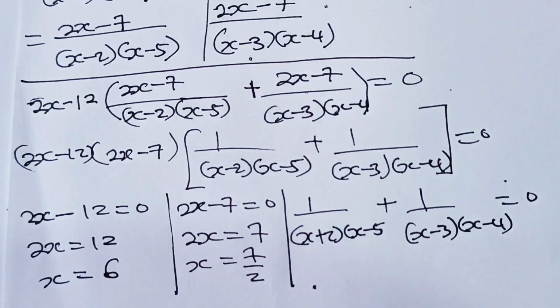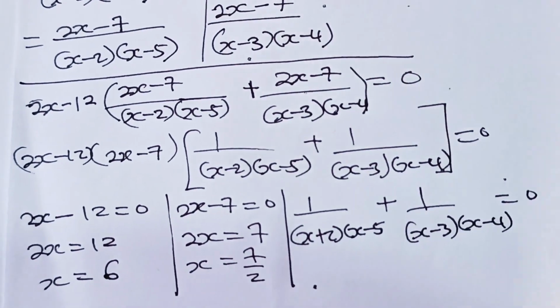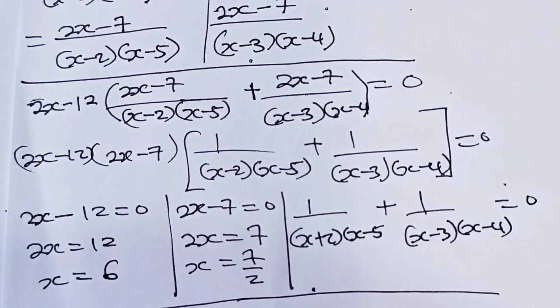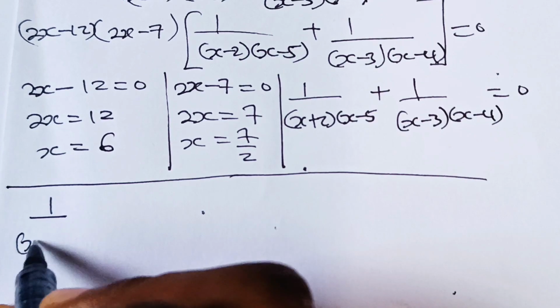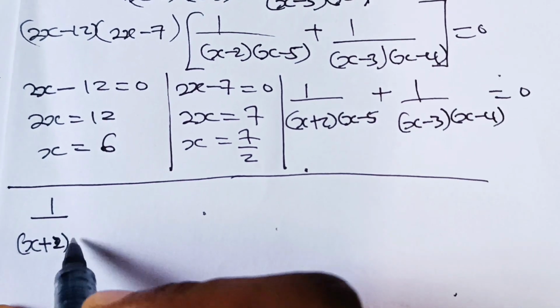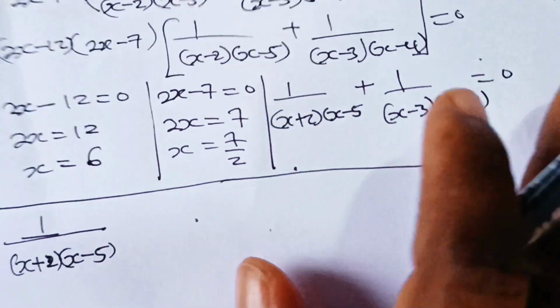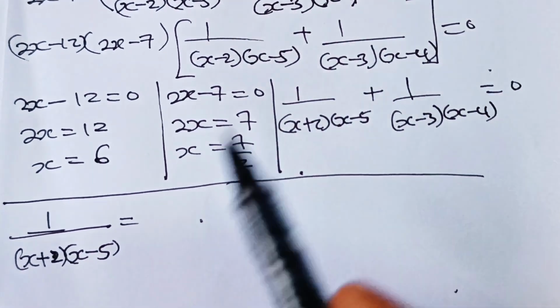So let's solve. Now, I'm going to transfer this to this side of the equation. So if I do that, I will have 1 over x minus 2 multiplied by x minus 5 is equal to, remember that I'm transferring this to this side. I don't want to do it separately, wasting my time.